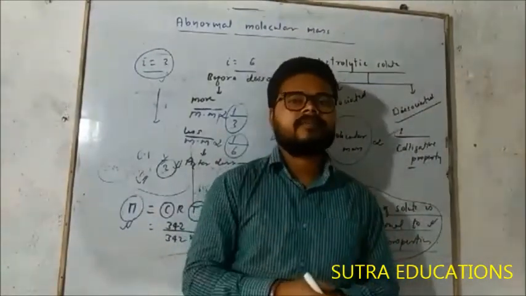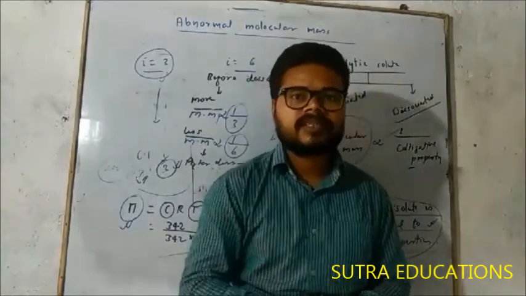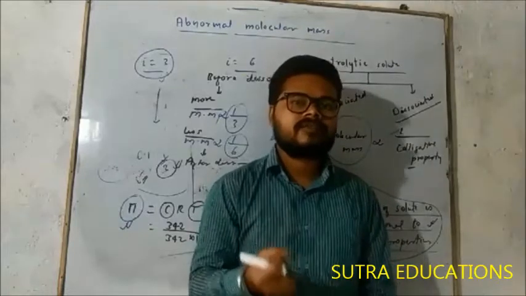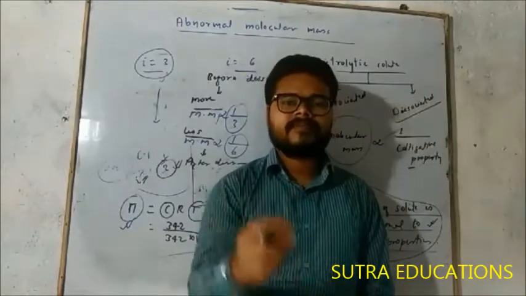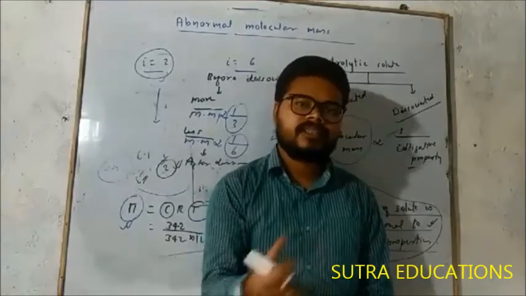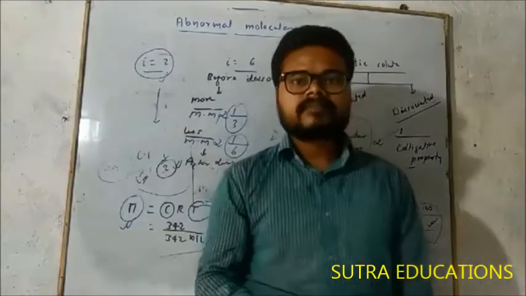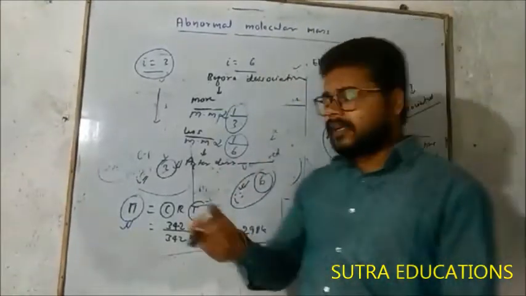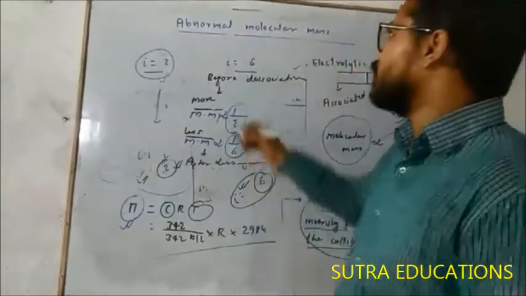In case of association or dissociation of solute particles, the molecular mass which was expected will change, and this changed molecular mass is called abnormal molecular mass.